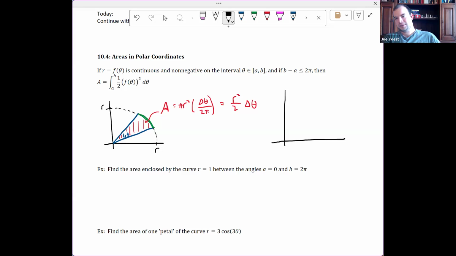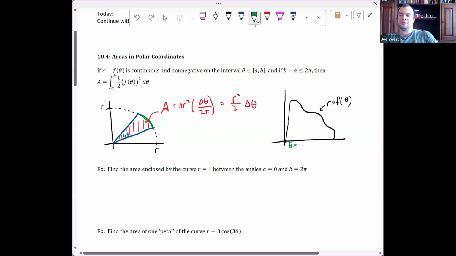So if I have a function, let's just draw it in the first quadrant so that it's easier to think about. If I have a function r equals f of theta, I can imagine going from theta equals a, in this case theta equals 0 right along the x-axis, to theta equals b, and I can imagine looking at a bunch of really small increments in theta.